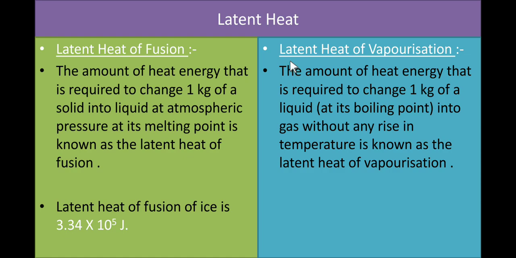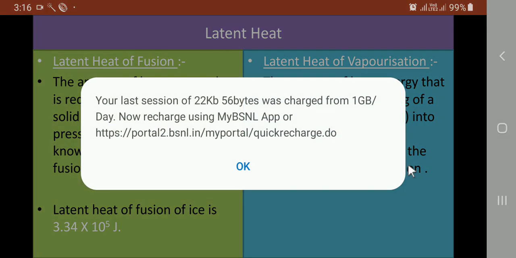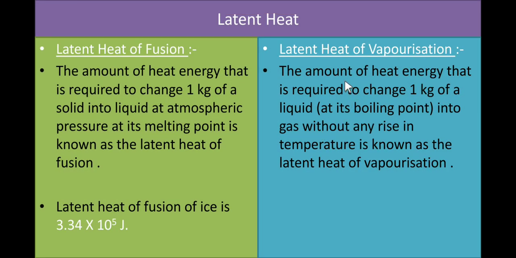Now we see the latent heat of vaporization. The amount of heat energy that is required to change 1 kg of a liquid at its boiling point into gas without rise in temperature is known as latent heat of vaporization. For a liquid, first we have to take the liquid at its boiling point.